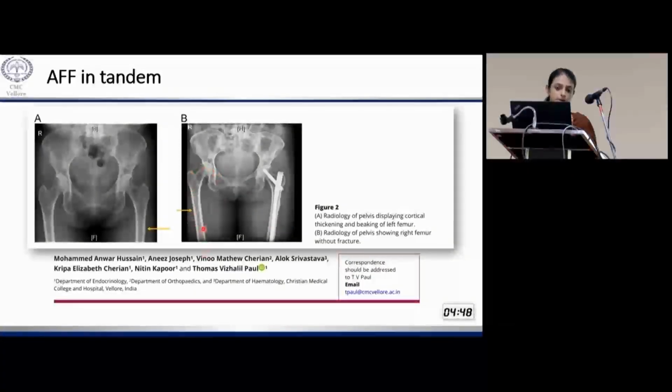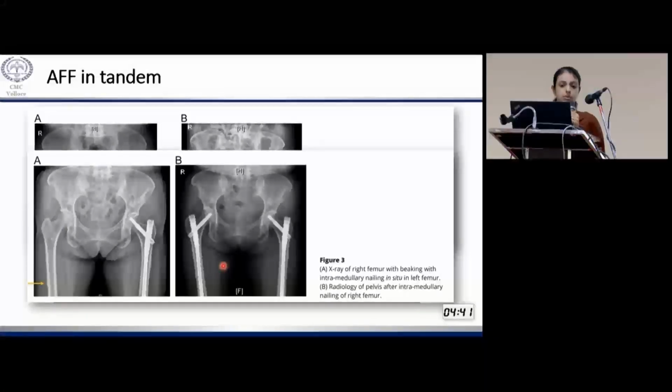During this time, her femur on the right side had been normal, but she came back a few years later with right-sided thigh pain, and she was found to have again this new beaking which had not been there previously. So just to highlight that even when you stop bisphosphonates, atypical fractures can occur much later as well, and therefore long-term follow-up is warranted.